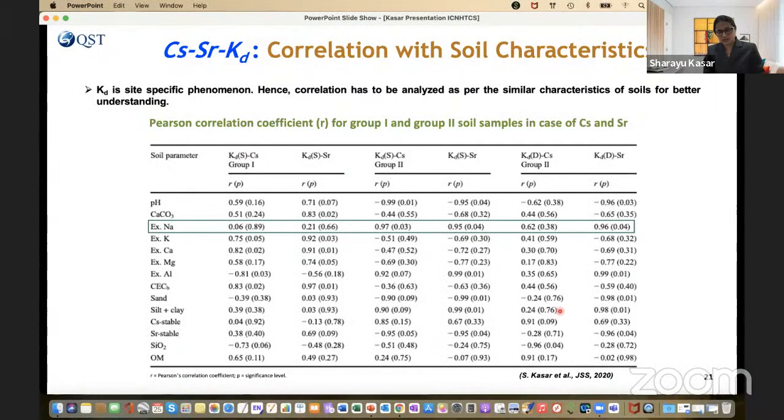According to their characteristics. So from this study, we observe that strontium Kd and sorption and strontium desorption Kd values are not varying much. The values and the signs are almost similar. So from this, we can conclude that strontium sorption or desorption is not dependent on the factors of soils or groundwater parameters.